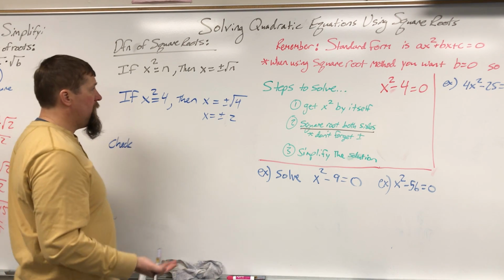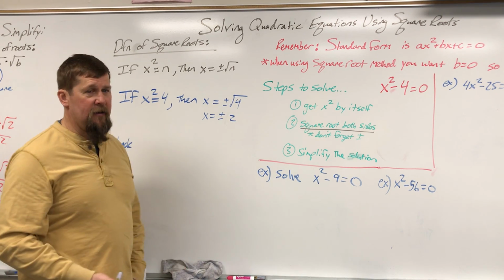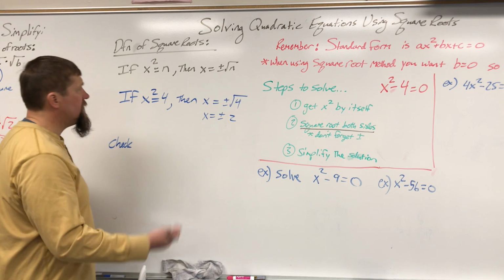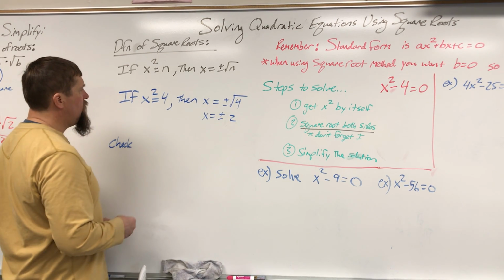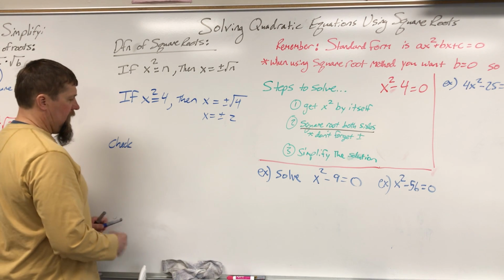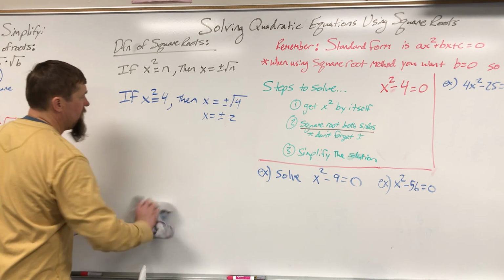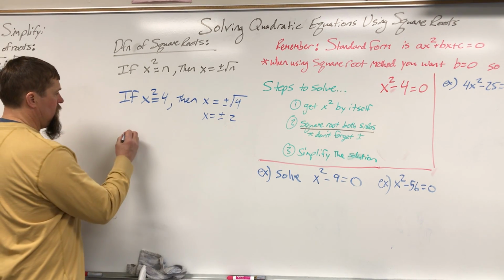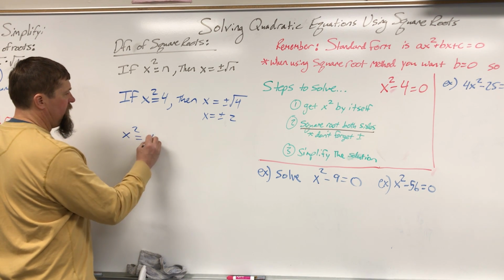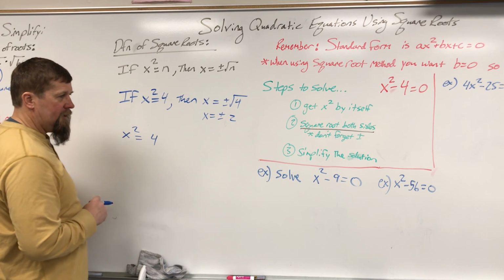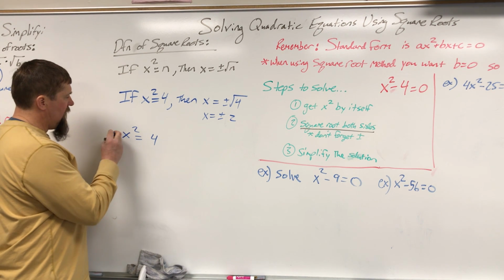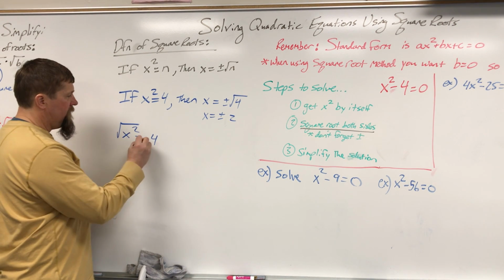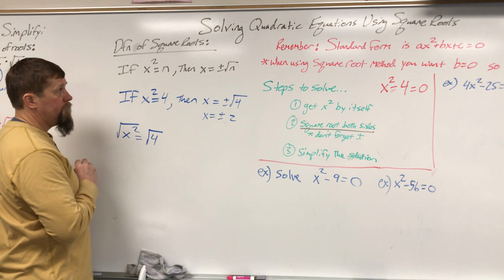Now, you may be wondering why there's a plus and a minus. Well, here's the concept, and this is something you have to remember to do. When you are solving an equation with a square in it, so x squared equals 4, if I were to solve this using algebra, I would take the square root of both sides of the equation.